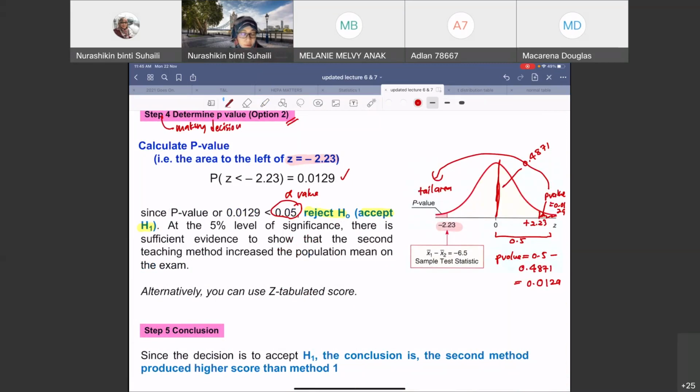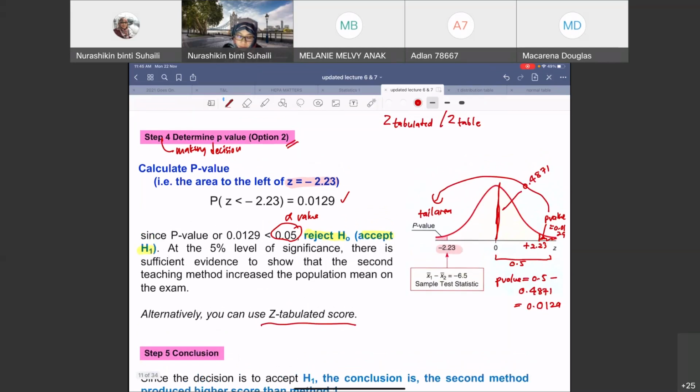If you do not want to use the p-value, you can use the Z. You have to find the Z value. How to find that Z value? You refer to the alpha value.